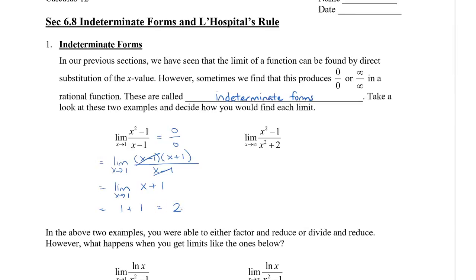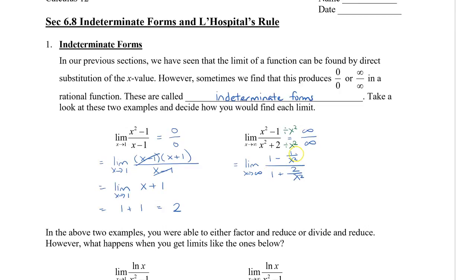In the second example, when I plug in infinity, they're both really large numbers, so I get infinity over infinity. So in this technique, what I'm going to do is divide the numerator and denominator by x squared. When I do this, I get 1 minus 1 over x squared, all divided by 1 plus 2 over x squared.